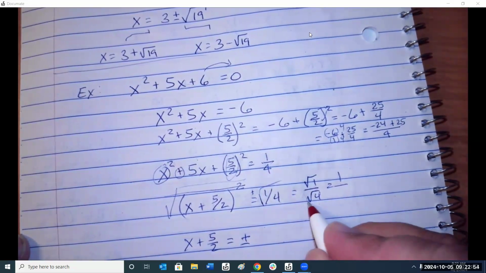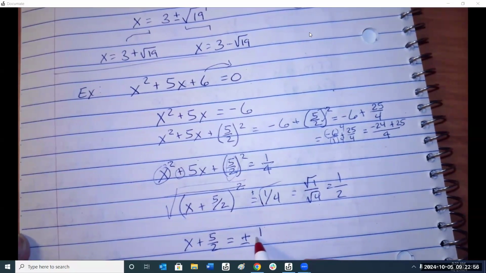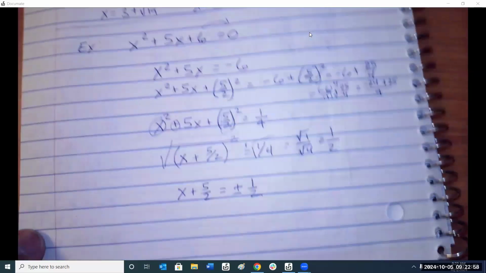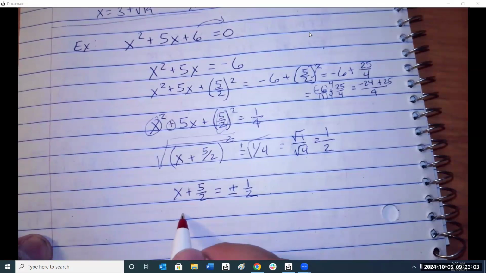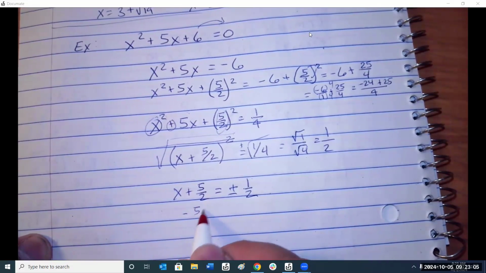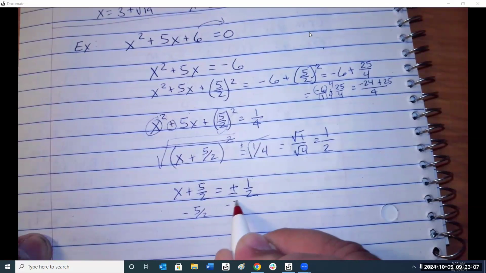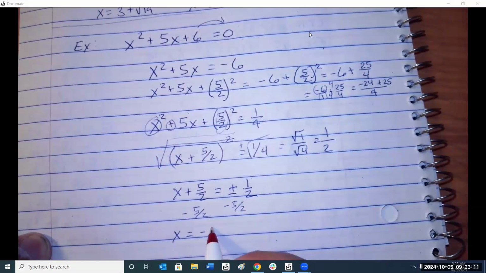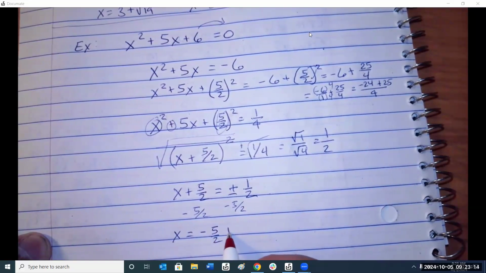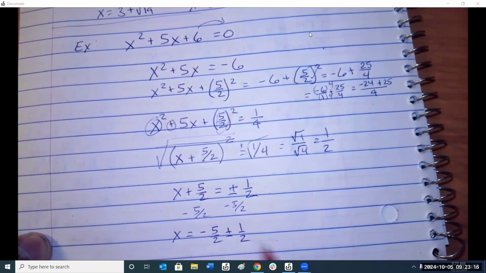Square root of 1 is 1, square root of 4 is 2, equals plus or minus 1/2. Solve for x, subtract 5 over 2 from both sides. So x equals -5 over 2 plus or minus 1/2.